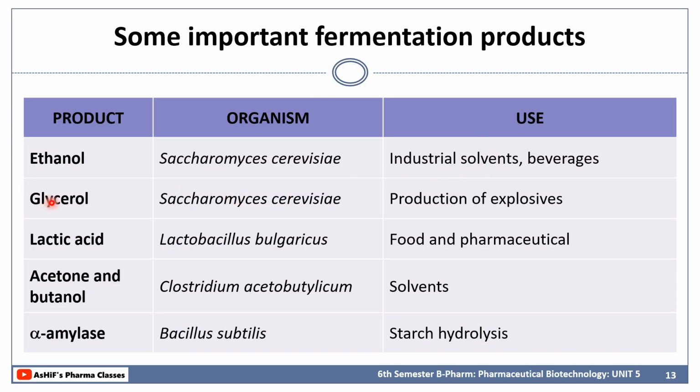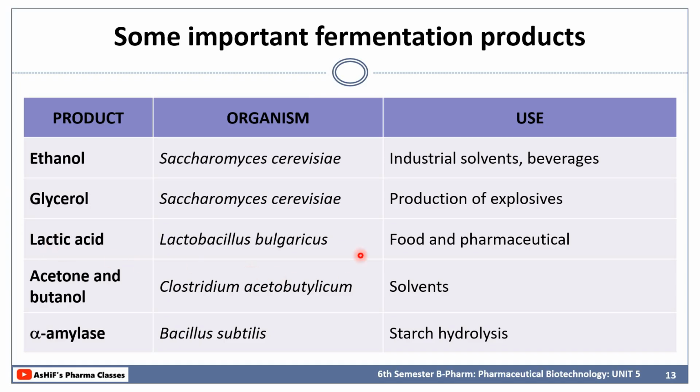And glycerol, another sweetening agent which is used mainly in syrups, etc. This is produced by fermentation using Saccharomyces cerevisiae, and it is also used for nitroglycerin, which is an explosive. This glycerol is treated with nitric acid to produce nitroglycerin, as well as cellulose to produce nitrocellulose, which is an explosive. So this can be used for production of explosives.